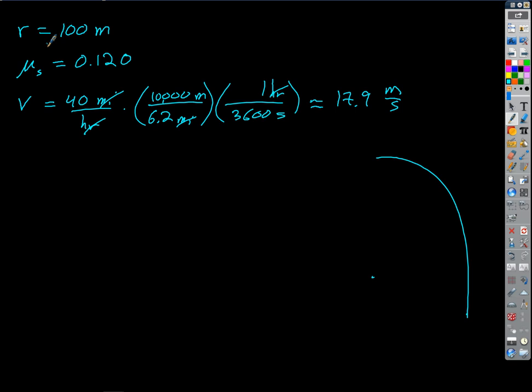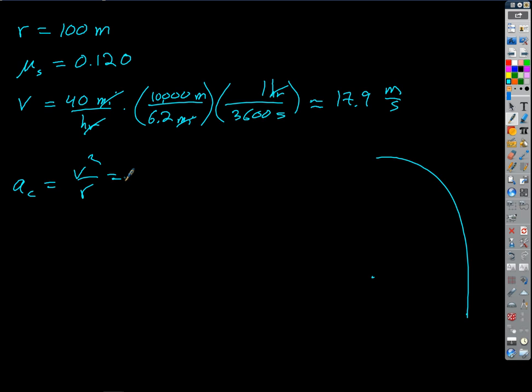So we have to be able to generate a centripetal acceleration of V squared over R. What's 17.9 squared divided by 100? 3.204.